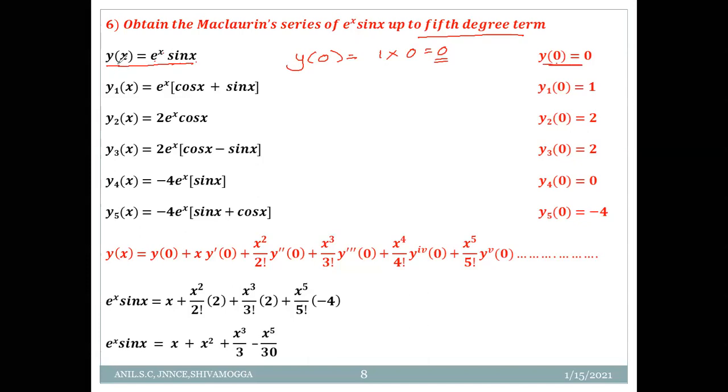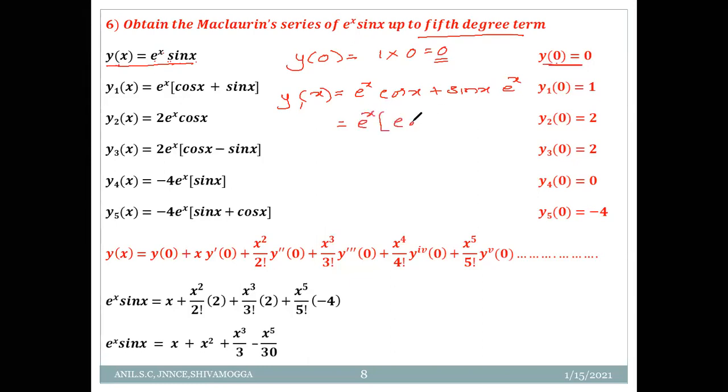Next, to find the first derivative, we differentiate this. Derivative of y of x is y1 of x. Here e power x is first function, keep it as this. Derivative of sin x is cos x, plus sin x into derivative of e power x is e power x itself. Here e power x is common in both the terms, keep it outside.